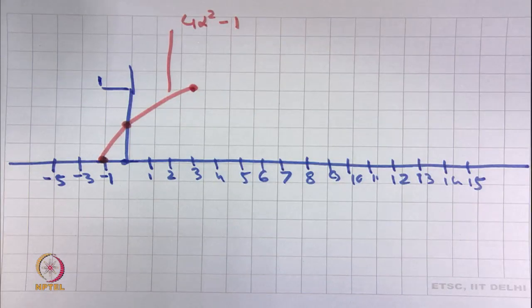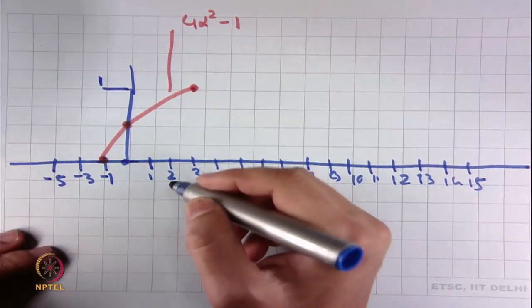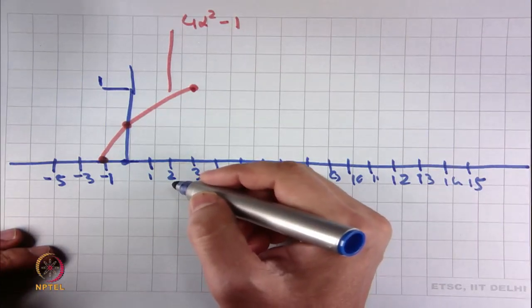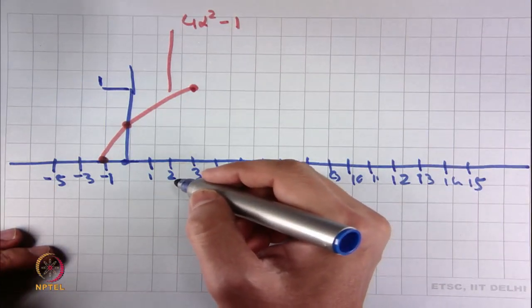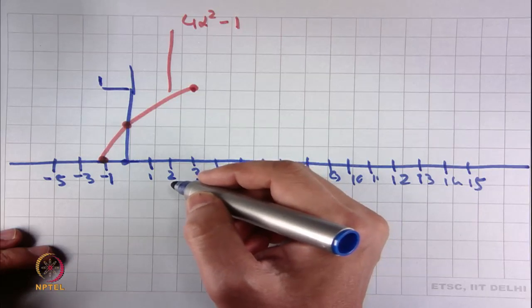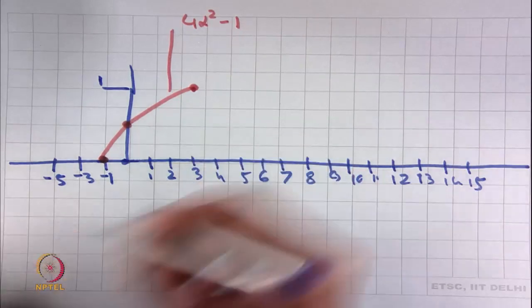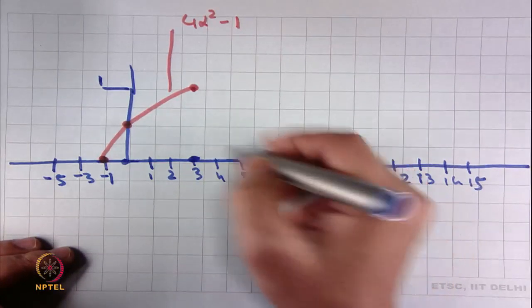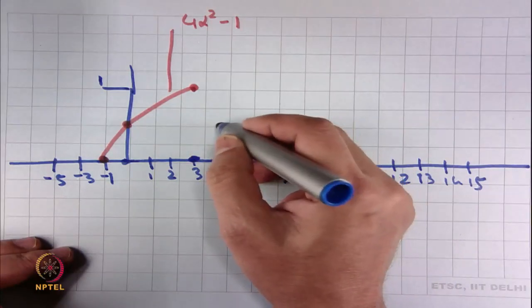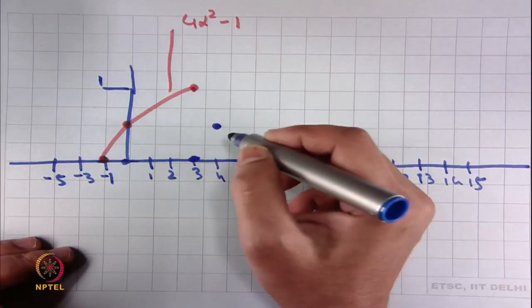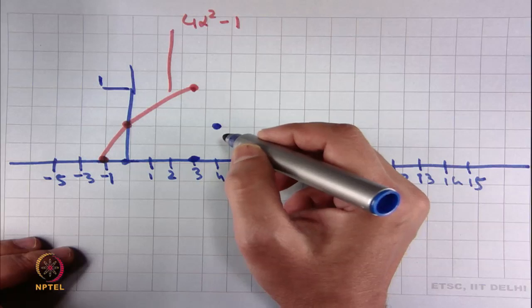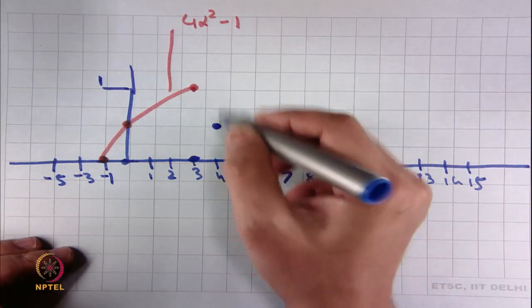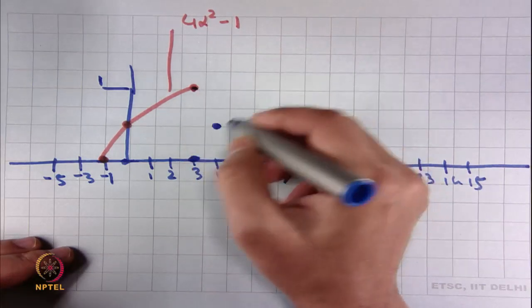The second one is minus 4 alpha square plus 4 alpha plus 3. At alpha is equal to 0, it is 3. At alpha is equal to half, it is 4, and at alpha is equal to 1, it is 3.